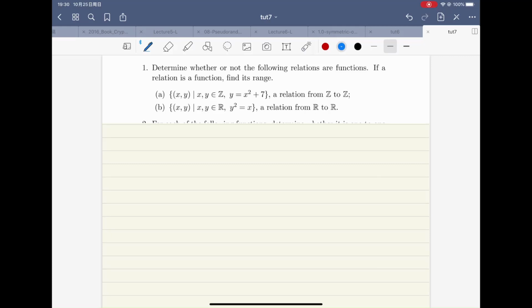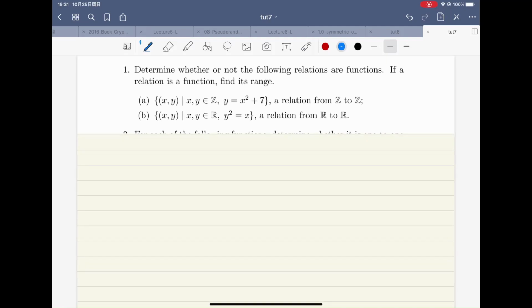When you are asked to determine if a relation is a function, you have to know the definition of a function. By the definition of function, each input has a single output. So for each x that belongs to the integers, there is a unique y that belongs to the integers such that y equals x squared plus 7, right? So this relation should be a function.